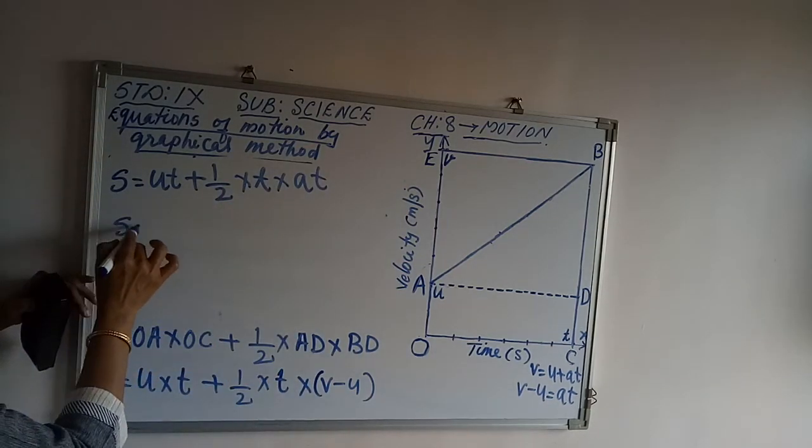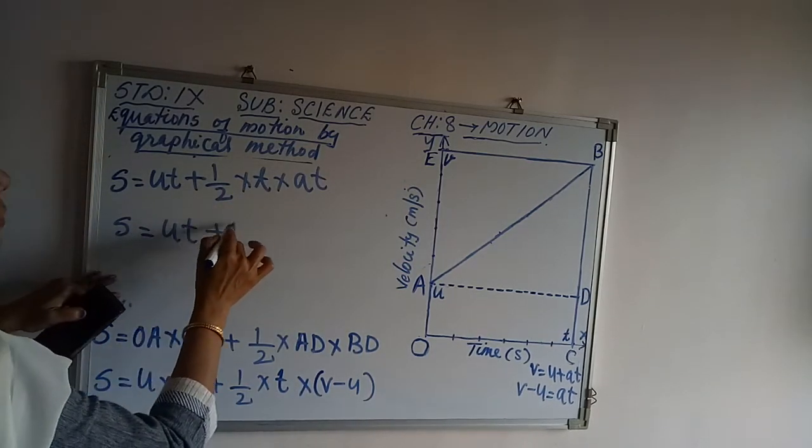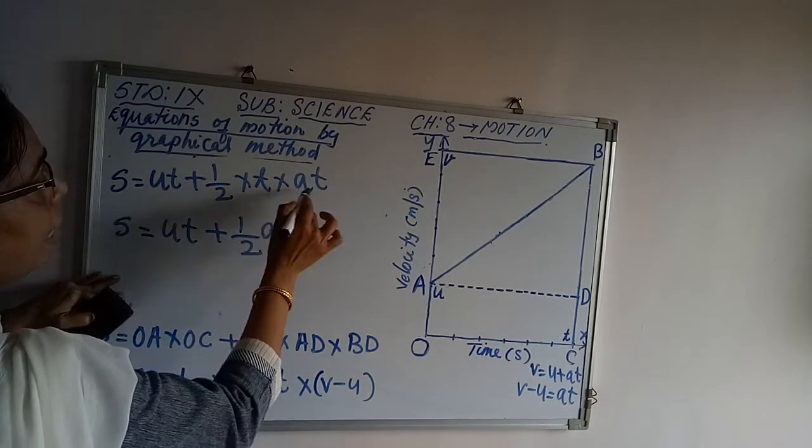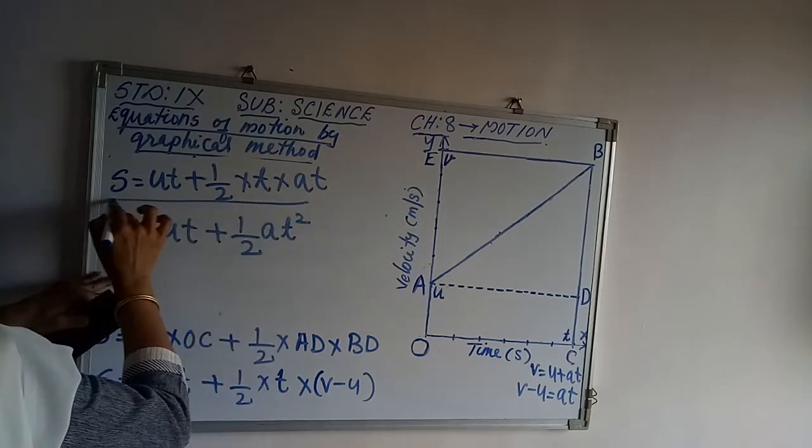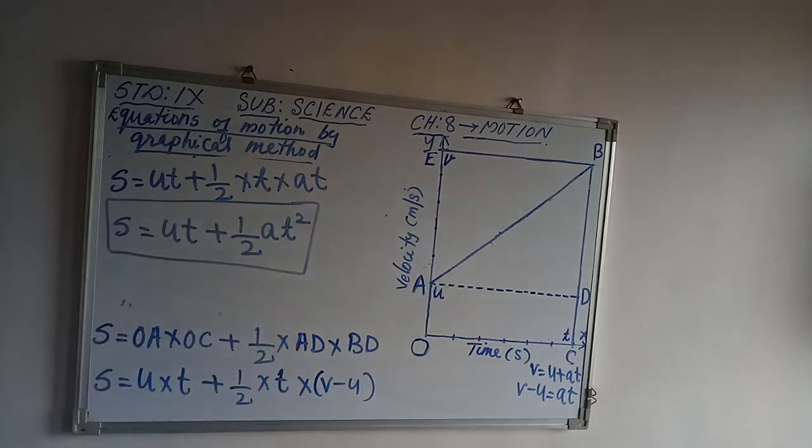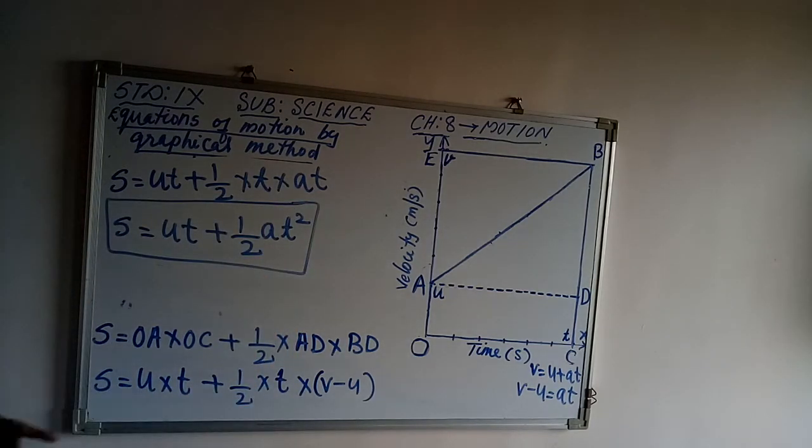So we can write S is equal to ut plus half a t square. This is the second equation of motion. Is that clear? Substituting the values, this equation is called the position-time relation.